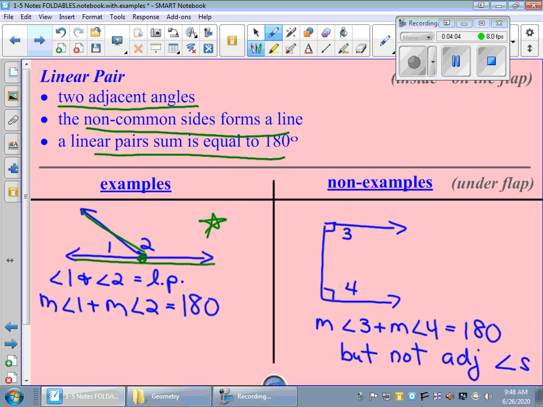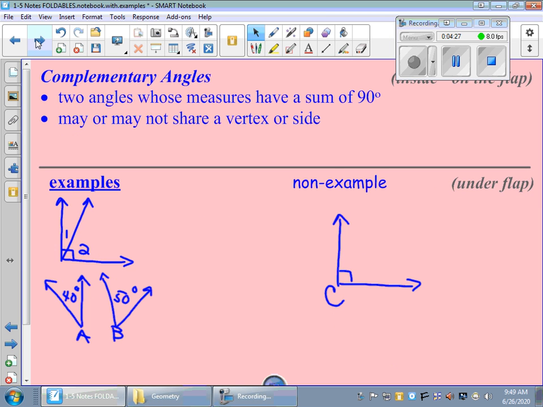The non-common sides form a line, and those two add up to 180. So the measure of angle 1 plus the measure of angle 2 equals 180 degrees. Our non-example is similar to what we did before: not adjacent. Even though 90 plus 90 equals 180, they're not adjacent angles. So that's a linear pair.